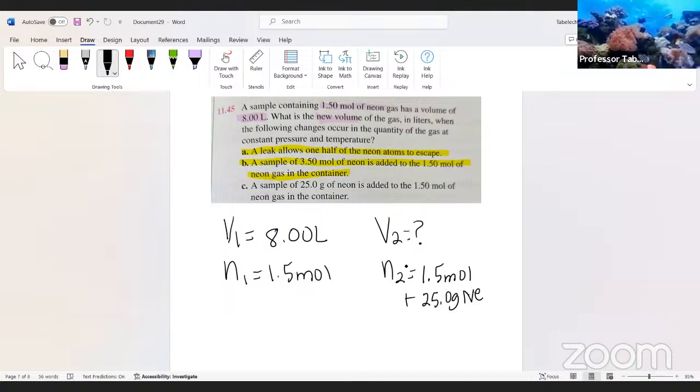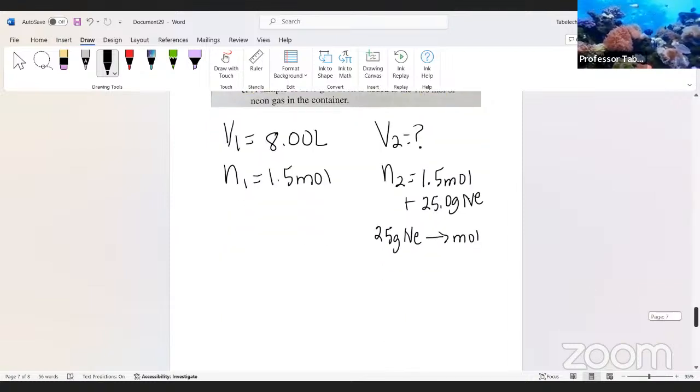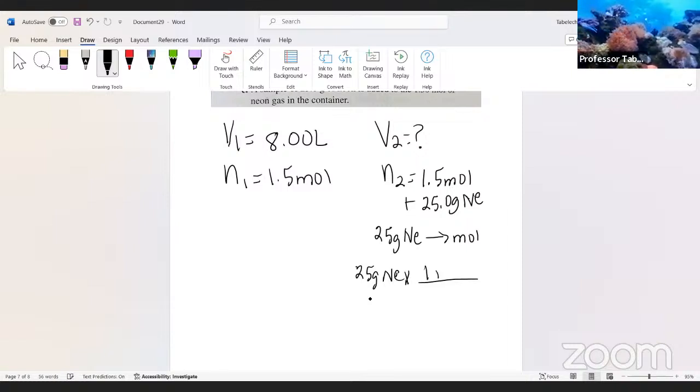Okay, so this is where what you learned several chapters ago, maybe 2 months ago, comes in: converting grams to moles. So for this one, I've got to convert 25 grams of neon to moles in order to do this particular part of the problem. Okay, so 25 grams of neon times, on the very top, I'm going to put 1 mole of neon.